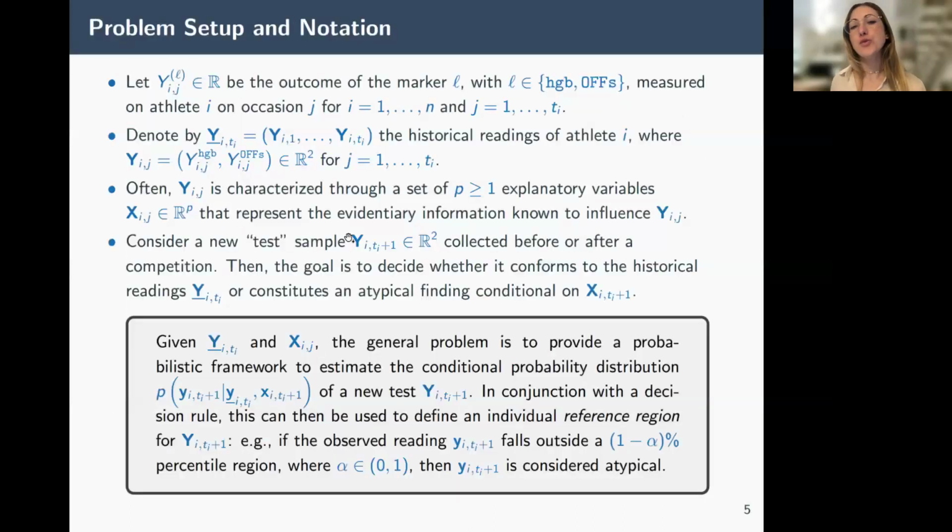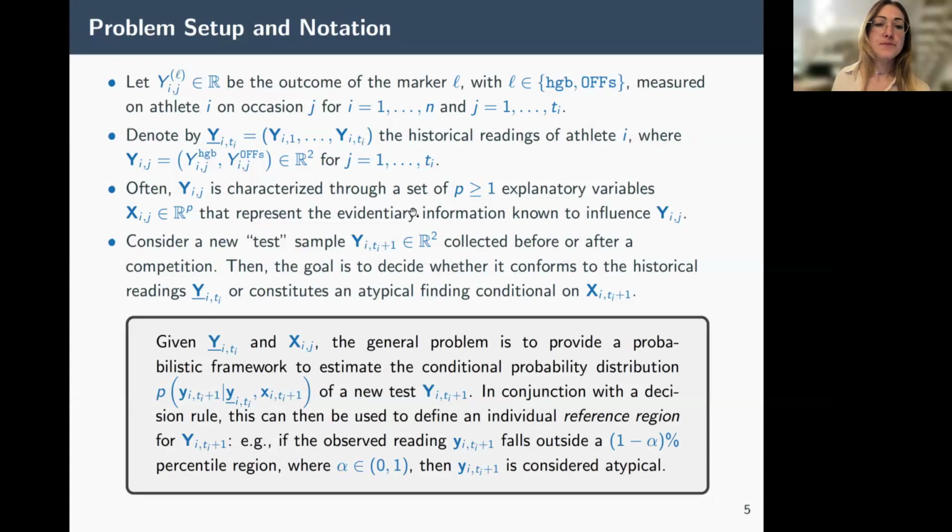And according to which, once we observe the value of the outcome at time t_i plus 1, if it falls within the reference range, then everything is fine. Otherwise, further investigation is suggested.